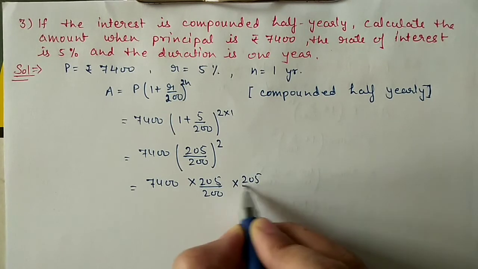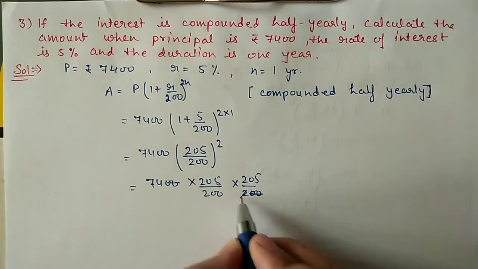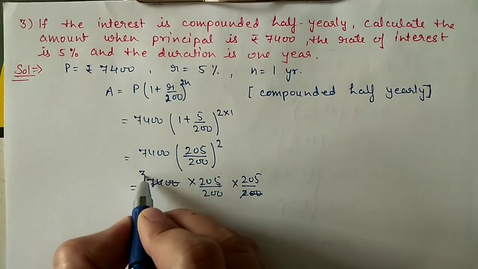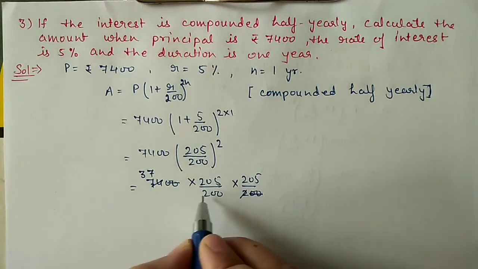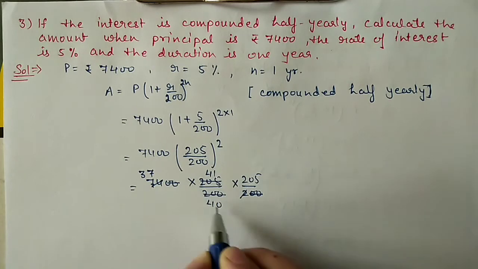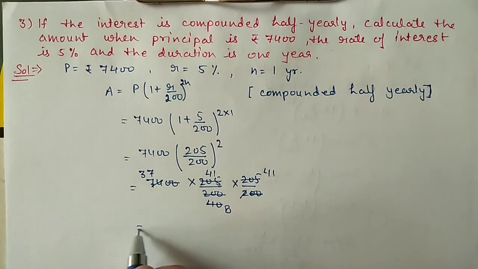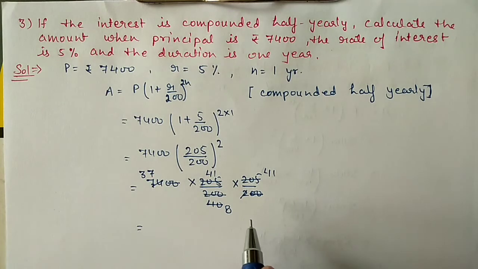205 by 200. Now 2 zeros we can cancel out, and from 1 to we can cancel out 37 times. We can cancel with 5, 5 40 times and 5 41 times, 5 8 times and 5 41 times. Now these numbers we have to multiply.